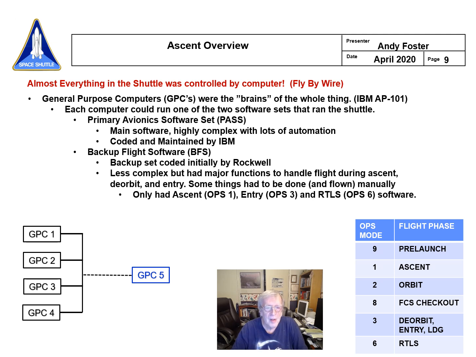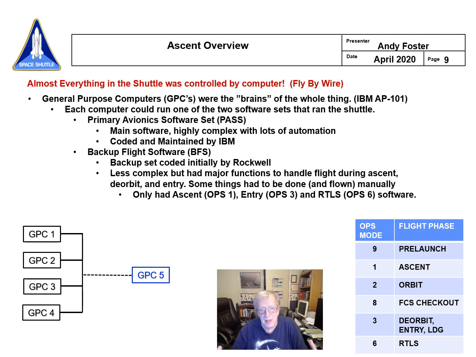That said, the software was divided into two parts or two sets. The main software we used was called the primary avionics software set, or PASS. It was highly complex, lots of automation, coded and maintained by IBM, International Business Machines. The backup flight software didn't have everything in it.